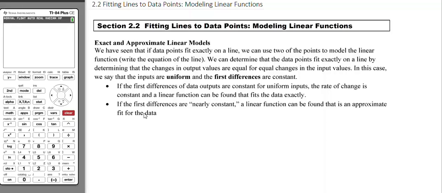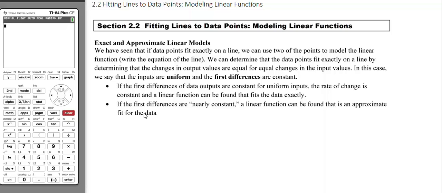We can determine that the data points fit exactly on a line by determining that the changes in output values are equal for equal changes in input values. In this case, we say that the inputs are uniform and that the first differences are constant.